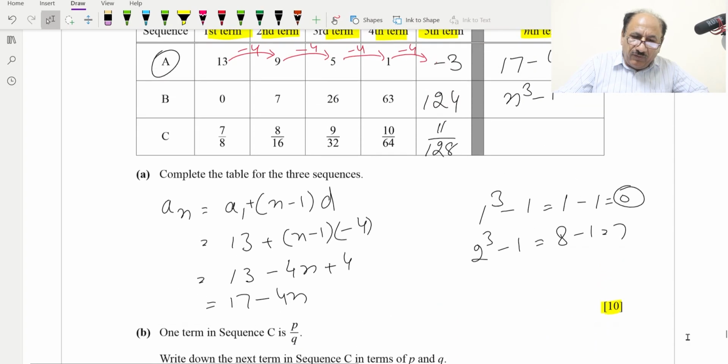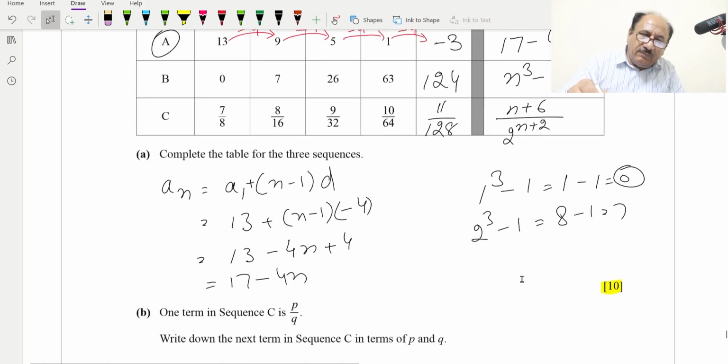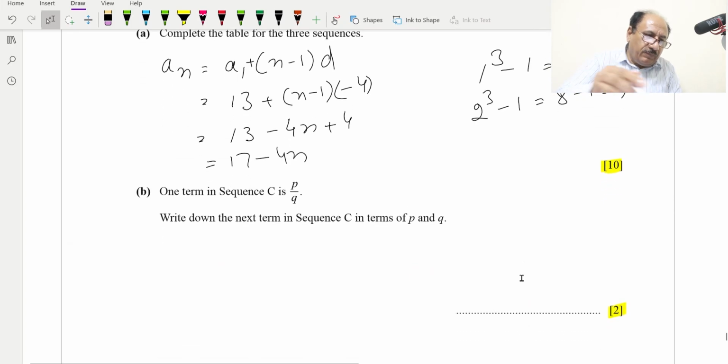So for 7 we can write the formula n plus 6. n plus 6 will be for the numerator, and for the denominator it will be 2 raised to the power n plus 2. We can write the sequences separately and find it. Basically this will be n plus 6 and the denominator will be 2 to the power n plus 2.